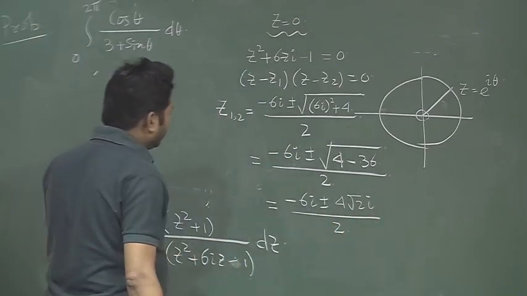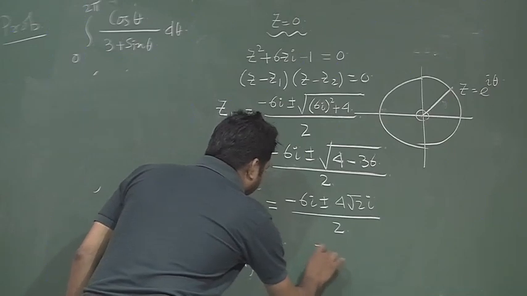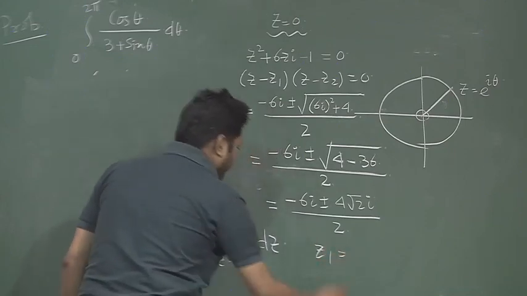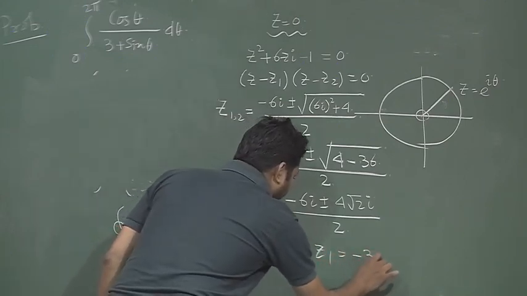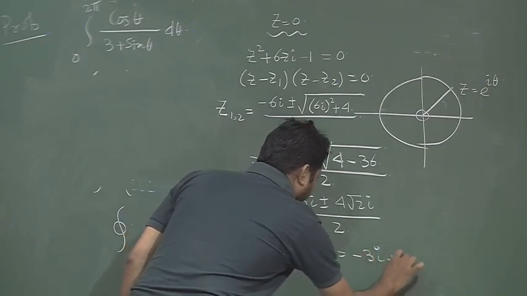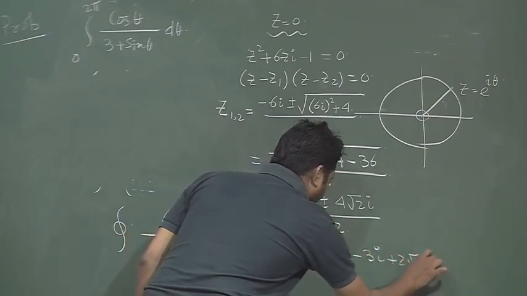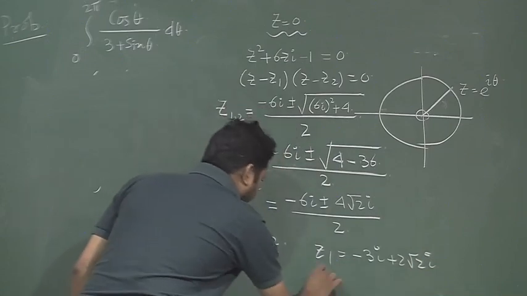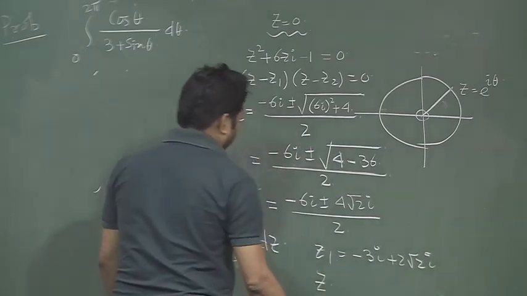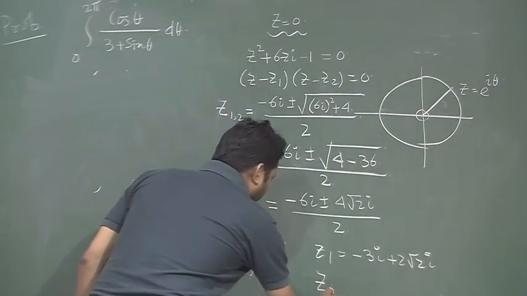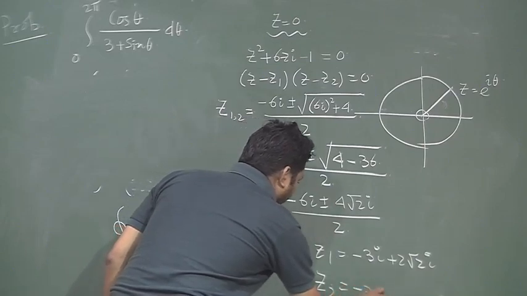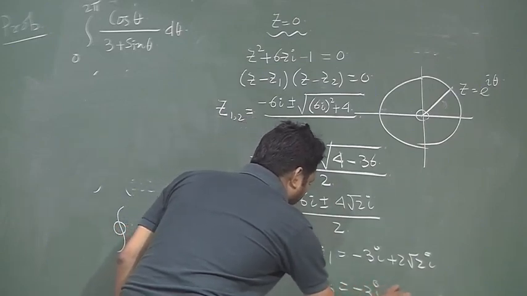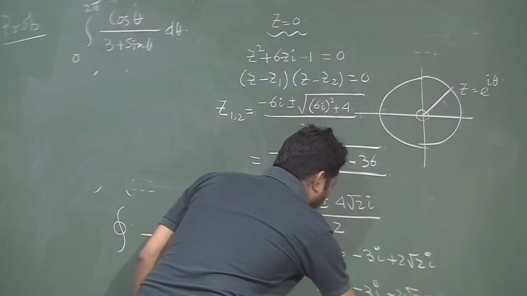So, z1 and z2: z1 seems to be minus 3i plus 2 root 2 i, and z2 is minus 3i minus 2 root 2 i.